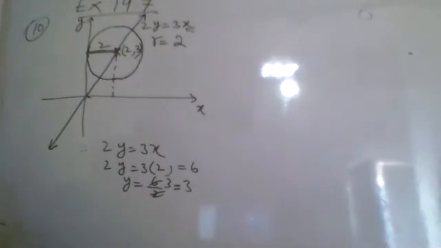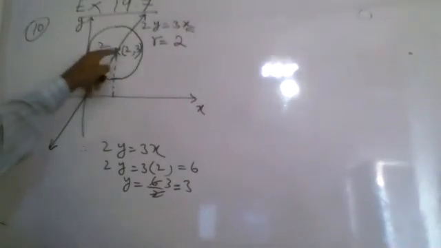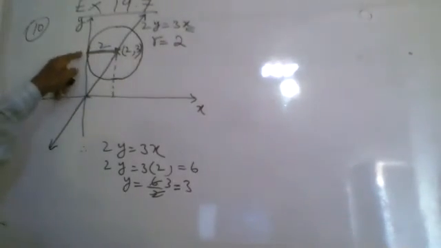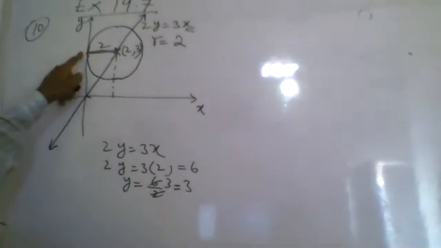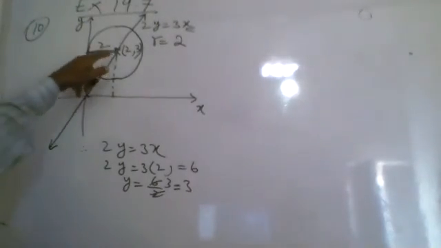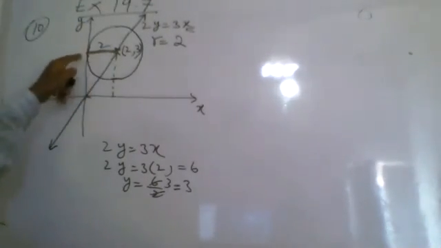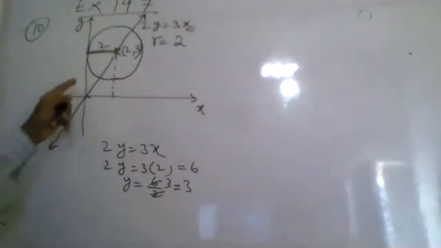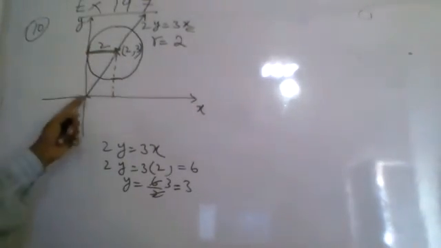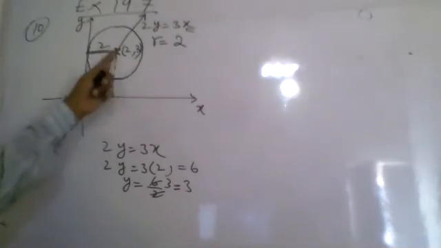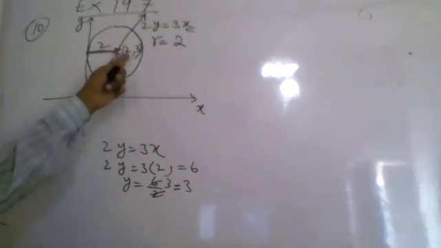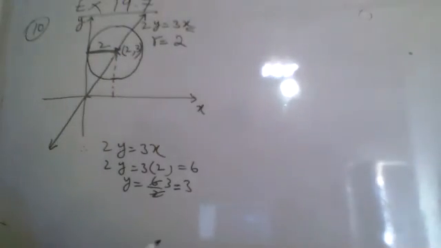Radius is 2. X coordinate is 2 because this is tangent to the y-axis. When it is touching the y-axis, that means the distance will be 2. So from the y-axis to this point is the x coordinate of the center. X coordinate of the center is 2.